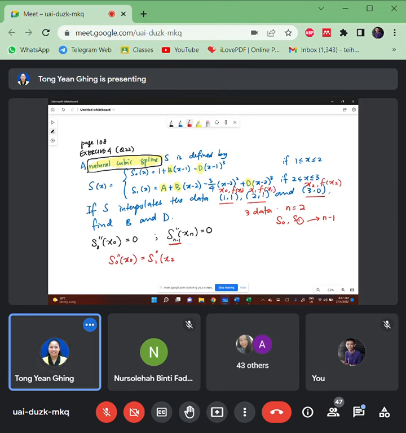Can you understand? So here is equal to 0, this is a natural cubic spline.